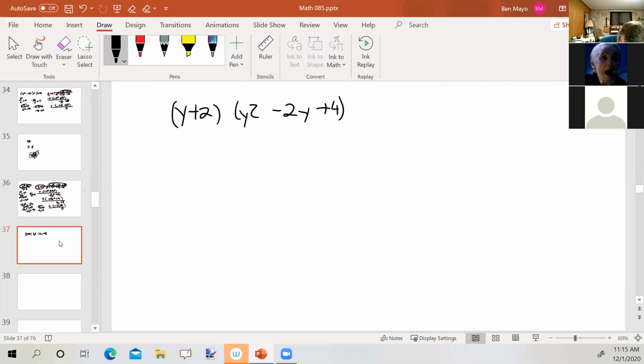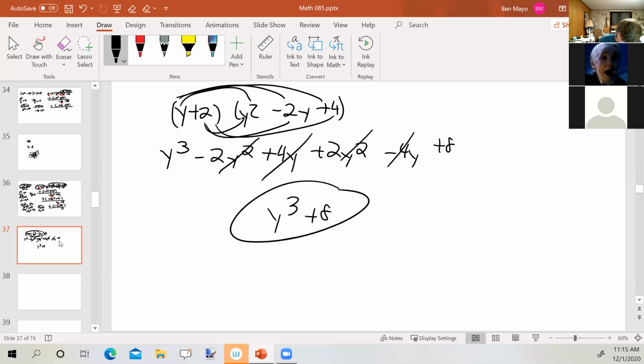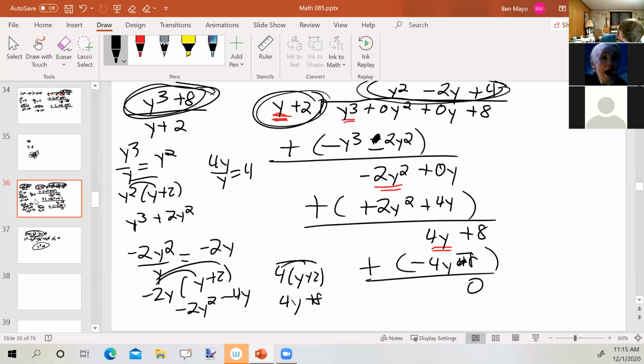Let's see what happens. y cubed minus 2y squared plus 4y plus 2y squared minus 4y plus 8. Well, these terms cancel, those terms cancel, and sure enough, we get y cubed plus 8. So the answer is correct.